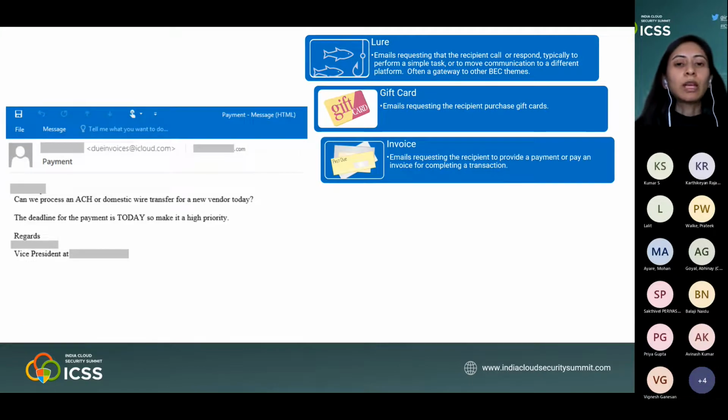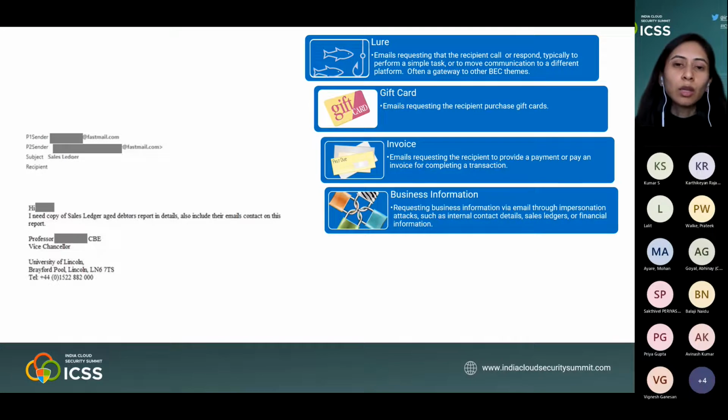Then the third category we've seen is invoice. Here the emails mainly request the recipient to provide a payment or complete a transaction on a particular invoice, again showcasing it as a higher priority. For example, we've had a new vendor join today, can you please process this particular invoice or do a wire transfer on an urgent basis?